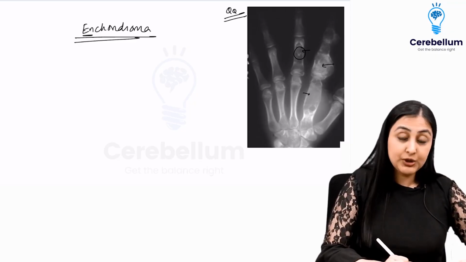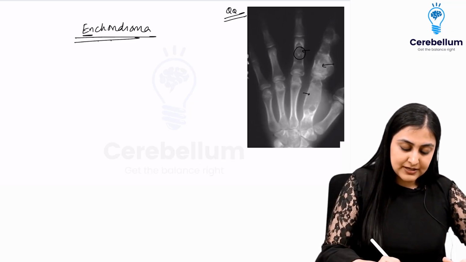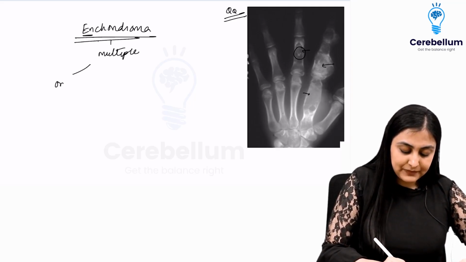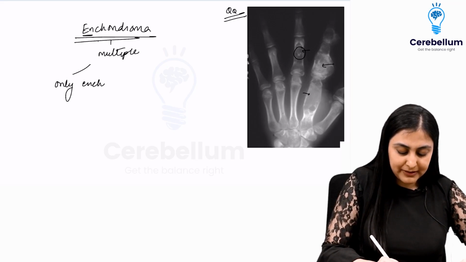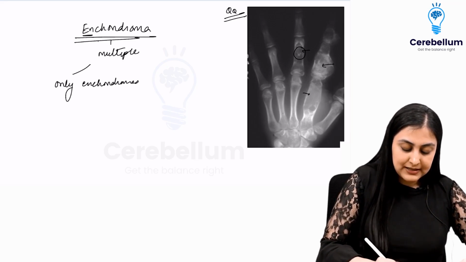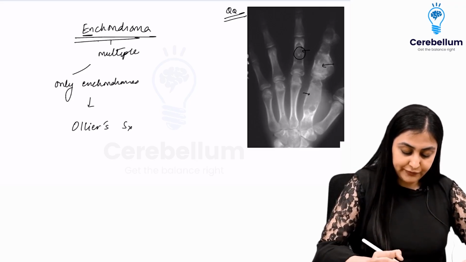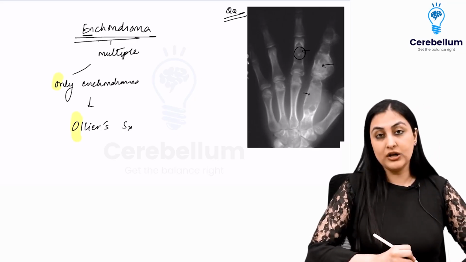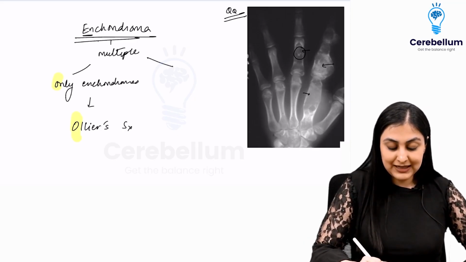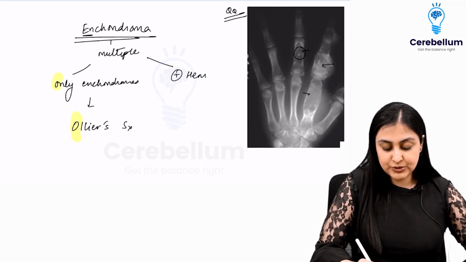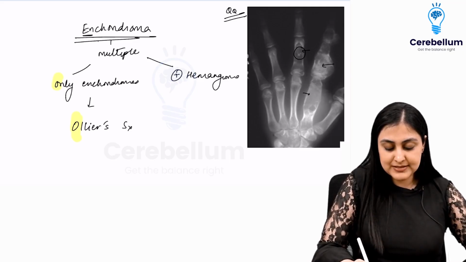Here you want to remember two syndromes. Enchondromas are frequently multiple. If there are only enchondromas, meaning you are seeing multiple enchondromas, that is called Ollier's syndrome. So O for only enchondromas, Ollier's syndrome. But when you see that in addition to the enchondromas, there are also soft tissue lesions, there are hemangiomas.